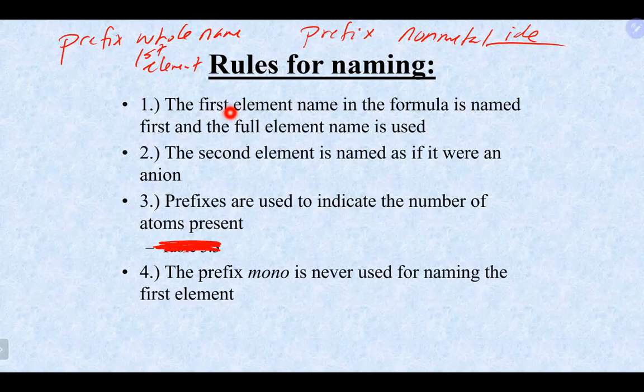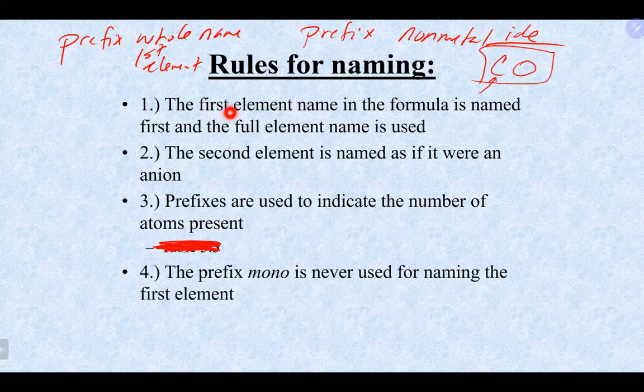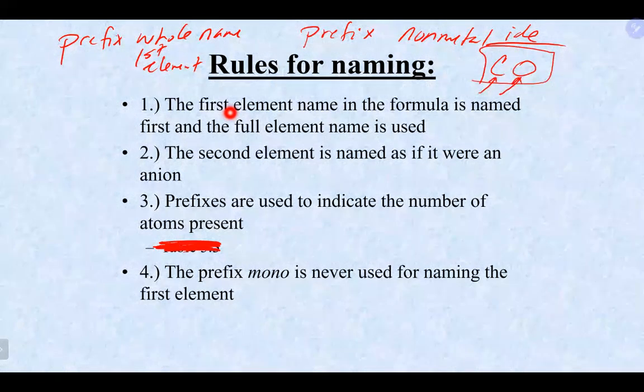There are a couple rules that we follow when we're doing this. The one major rule is we do not use mono on the first name, but we can use it on the second name. So for example, CO, that is 1 carbon, a nonmetal, and 1 oxygen, a nonmetal. We do not use mono on the first name, so we would just use the whole name, which would be carbon.